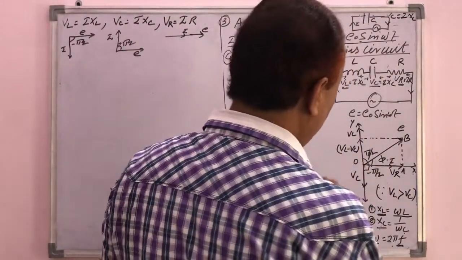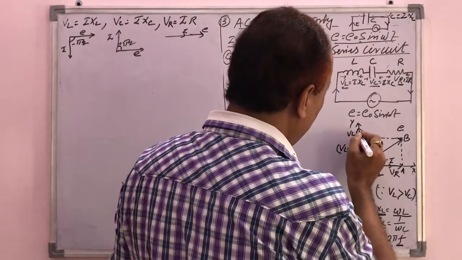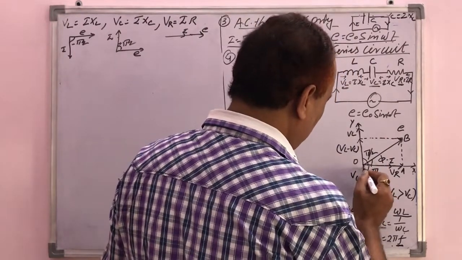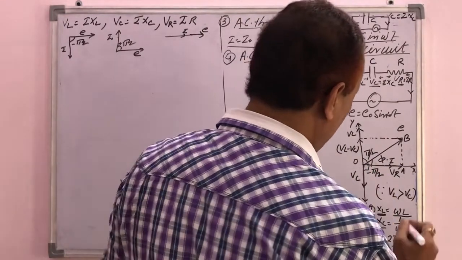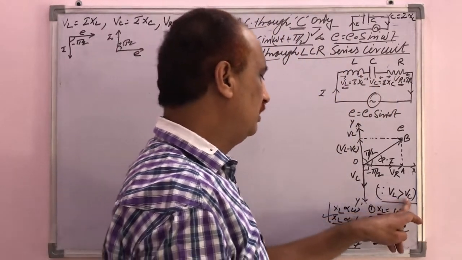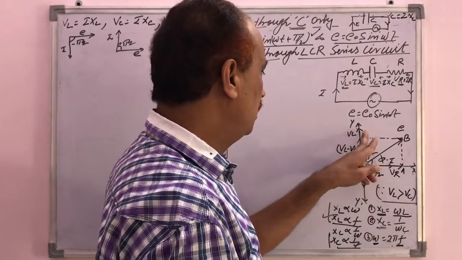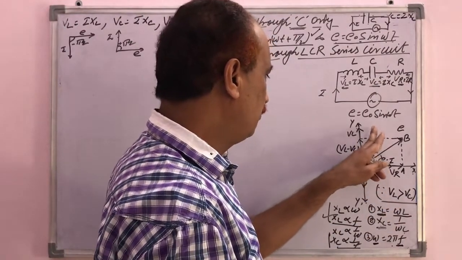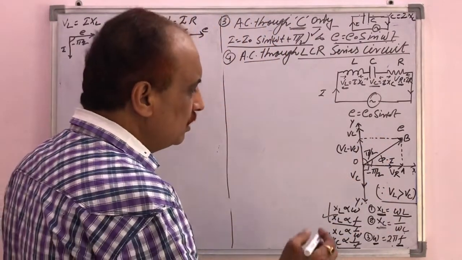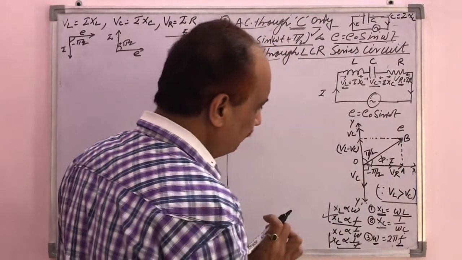VL is represented along the OY axis and VC on the y-axis, because we have to take a condition here. If VL is greater than VC, VL is represented in the first quadrant and VC in the fourth quadrant. So the VC vector is smaller as compared to the VL vector.